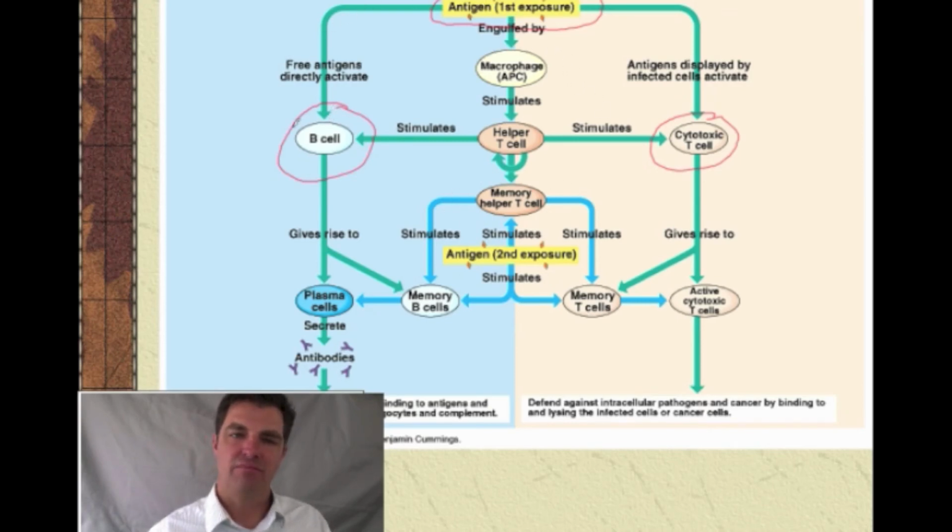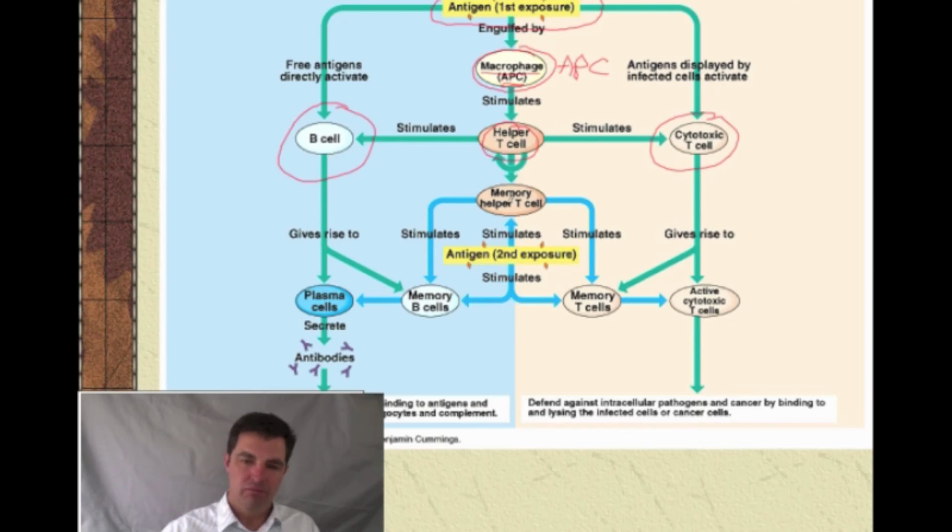It can activate B cells directly, or another type of white blood cell called a macrophage, an antigen presenting cell, APC, can take that antigen, stick it on the surface, and then activate what's called helper T cells. And helper T cells then can activate B cells or also T cells.